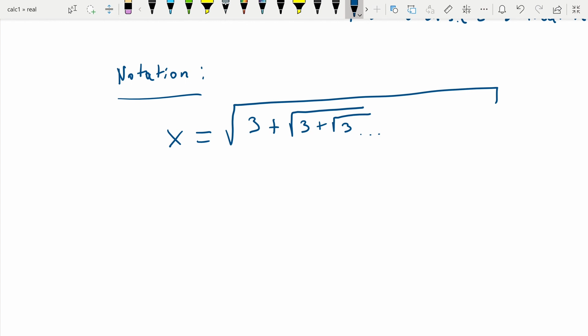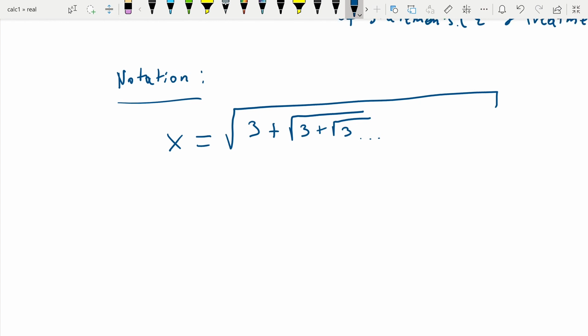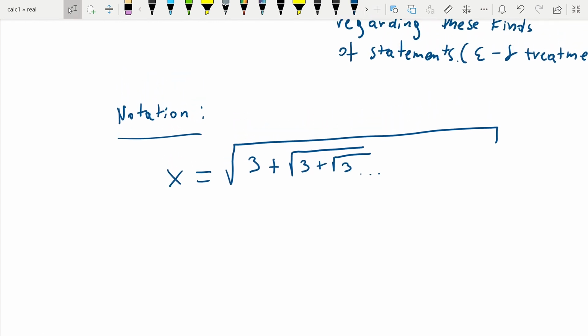So this is just a notation, but people may have asked you to find the value of this expression on the right. But now we can actually make sense of these expressions by using rigorous analysis. And that's what will come next when we delve into the construction of the real numbers next week in the next module.